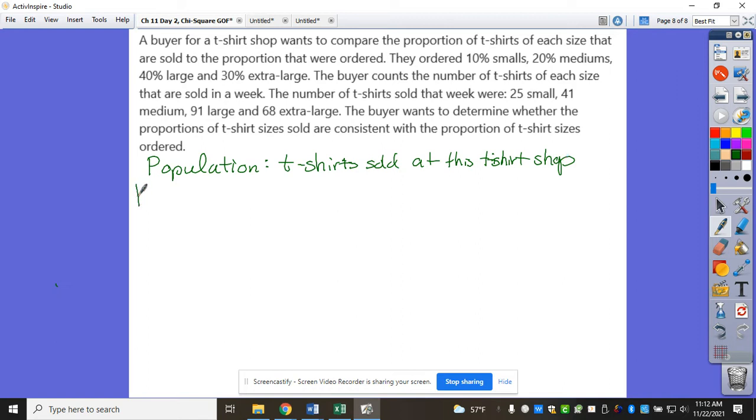So when I go to let P, so let PI be the proportion of what?